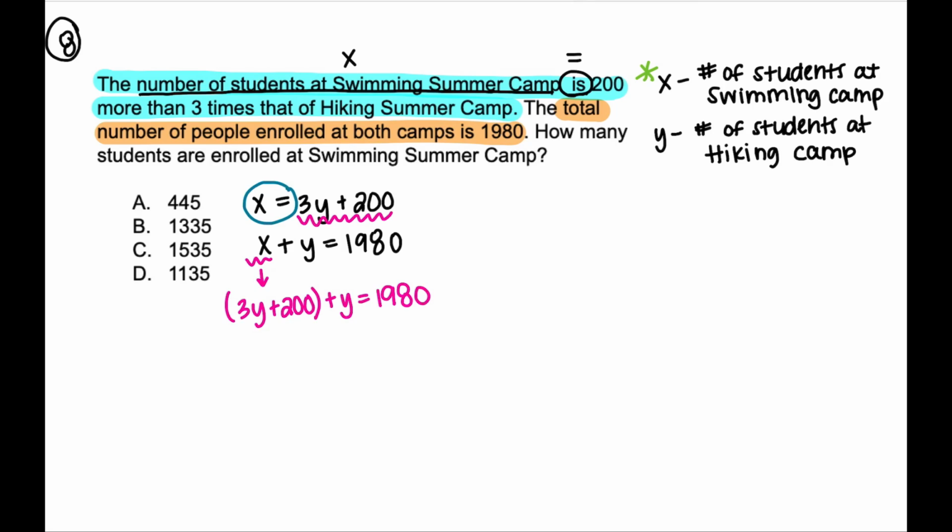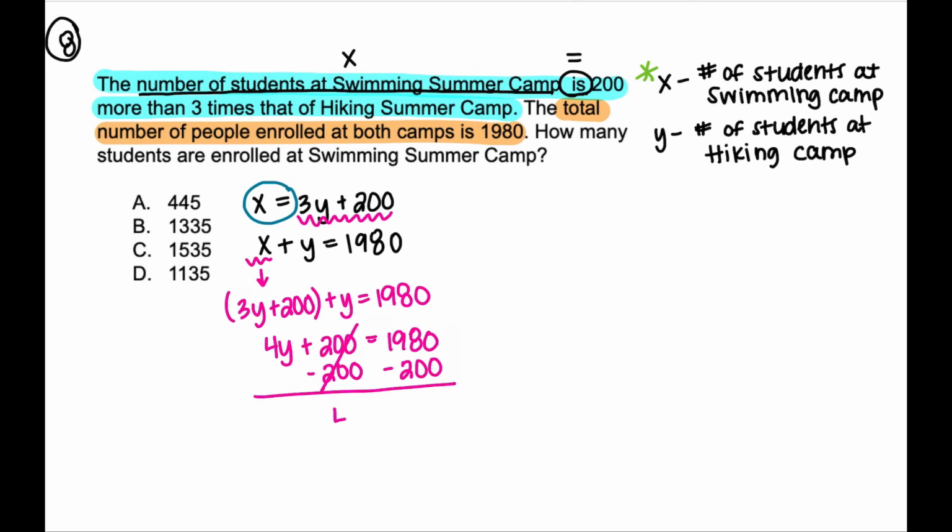That's my substitution part, and finish writing out that second equation. Now we can solve for Y. All right, so 3Y plus Y, that's a total of 4Y plus 200 equals 1,980.